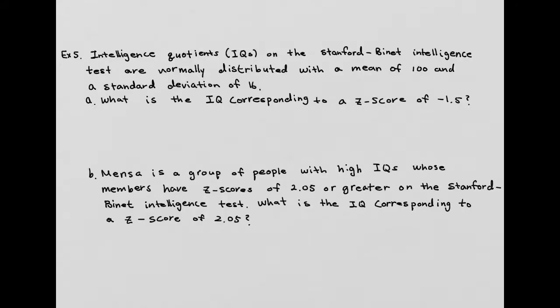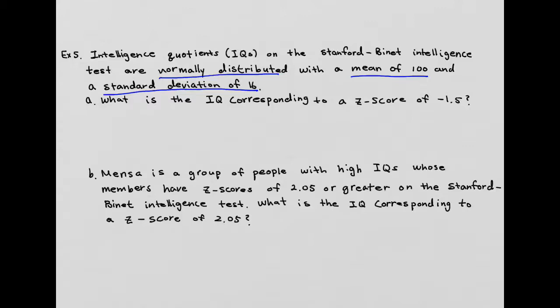Next example we're going to do is IQ. So an IQ test is normally distributed with a mean of 100 and standard deviation of 16. They want to know what will be the IQ corresponding to a z-score of negative 1.5. So the mean of the IQ is 100. What will be the IQ that has a z-score of negative 1.5?